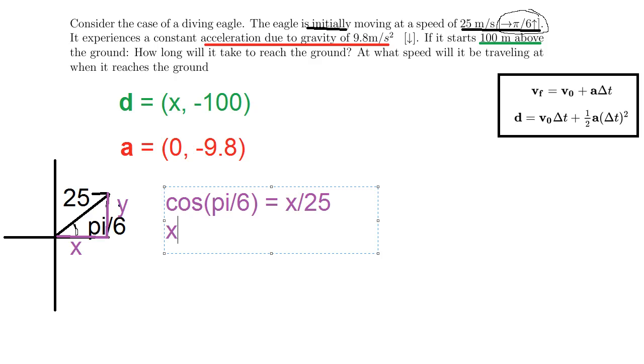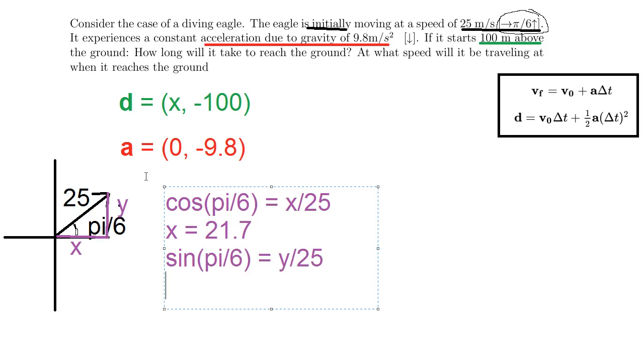And if you work your way through for x, you get x is 21.7. And I can use sine of pi by 6 is equal to y over 25, because sine utilizes the opposite side and the hypotenuse. I can then solve this and I'll get 12.5.